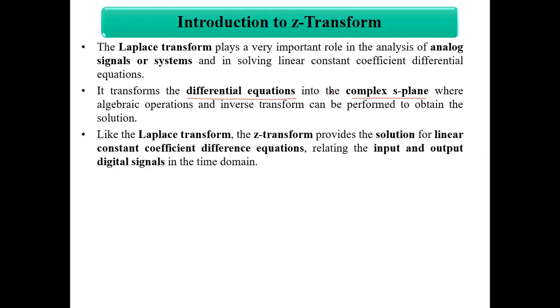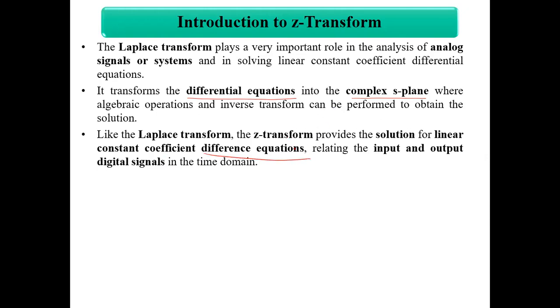So the Z transform is actually similar to the Laplace transform, right? However, discrete time systems are the systems or signals which are available at some specific point of time only. So discrete time signals or systems are generally represented through the difference equations.